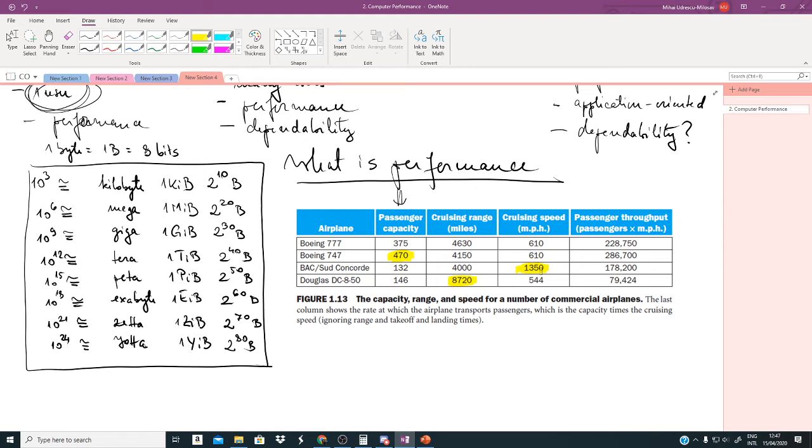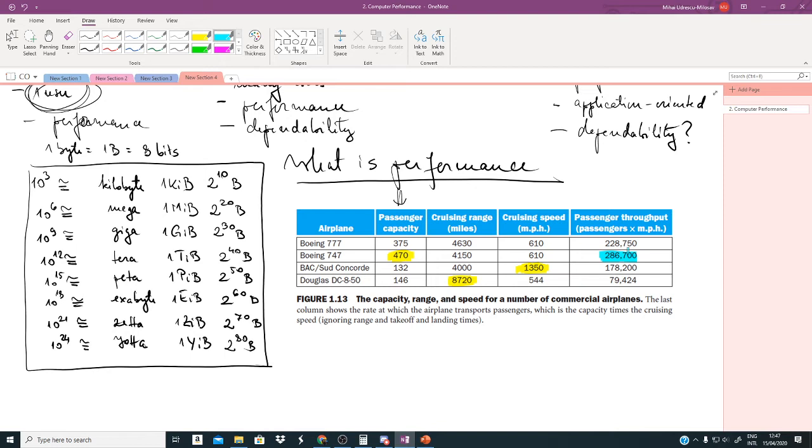So when you take this into account, the best plane will of course not be the Concorde, but the Boeing 747, which doesn't have the biggest speed, but it has a bigger passenger capacity and a good speed.